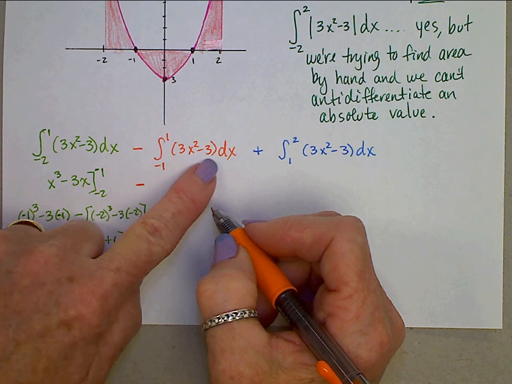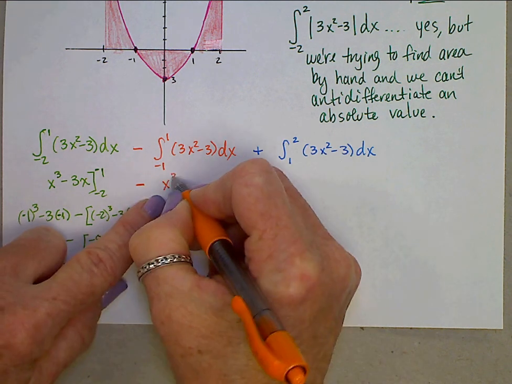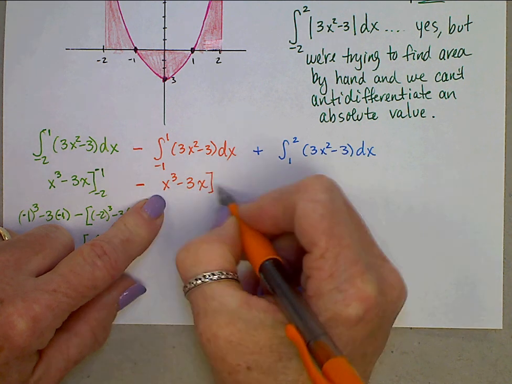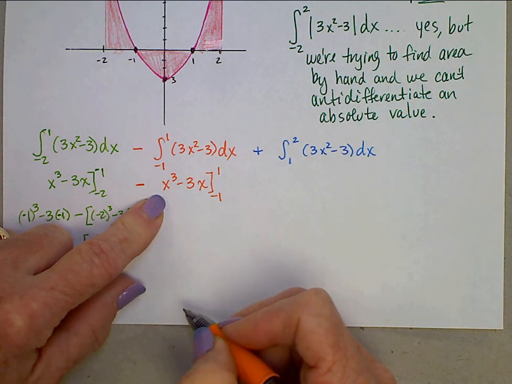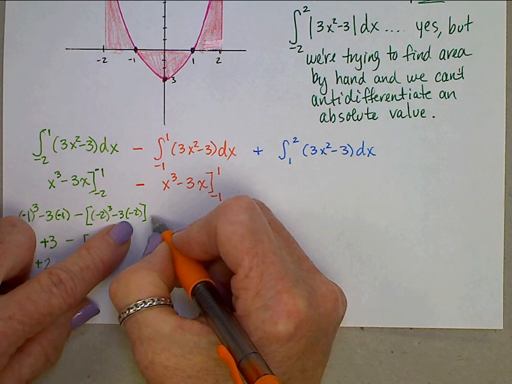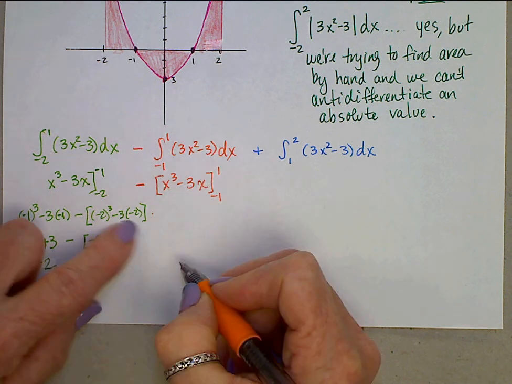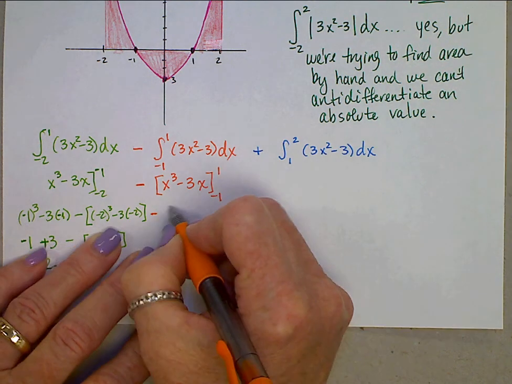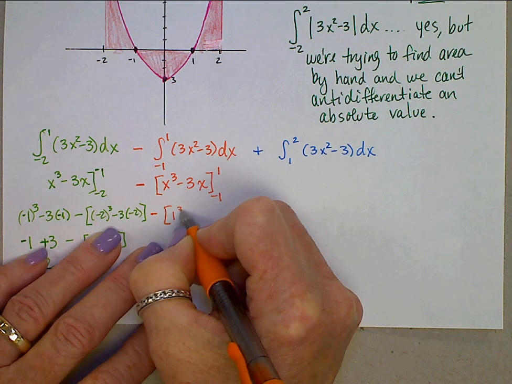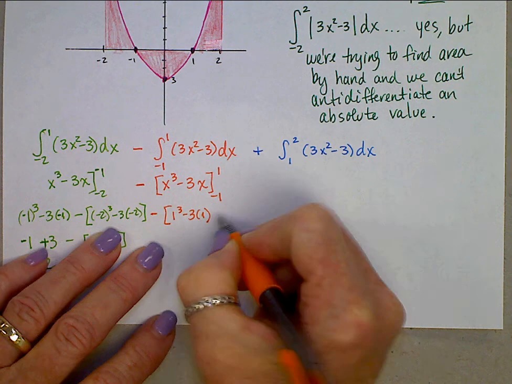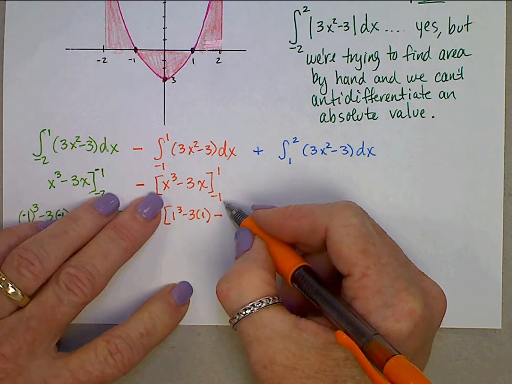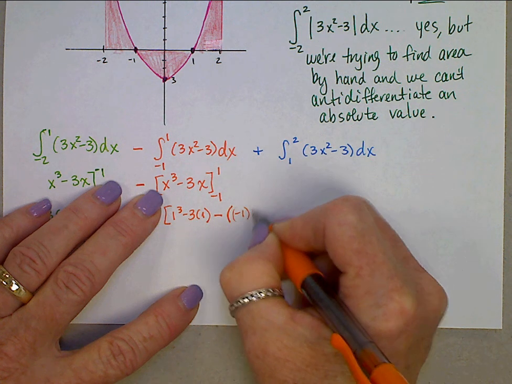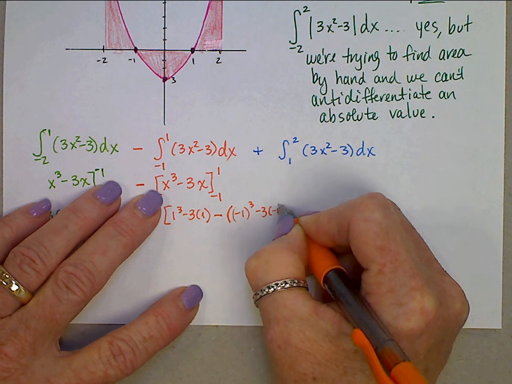All right, looking at this next one here, minus. Now, it's the same antiderivative. So we have x cubed minus 3x, and we are going to evaluate that from -1 to 1. Now I'm going to put square brackets around this so I can keep everything separated, even though I am using different colors. This is 1 cubed minus 3 times 1, minus. Then we have to put in a -1. A -1 cubed minus 3 times a -1.